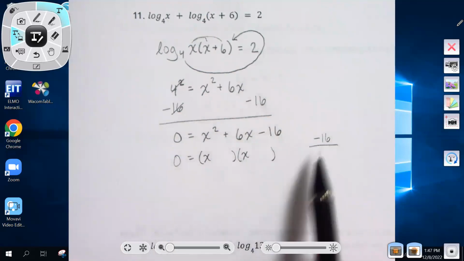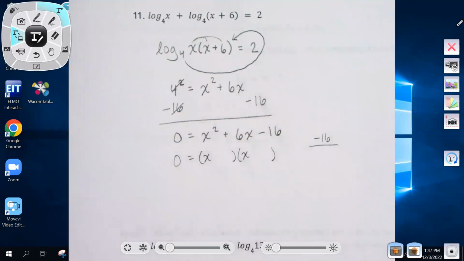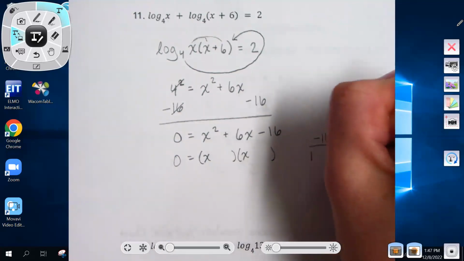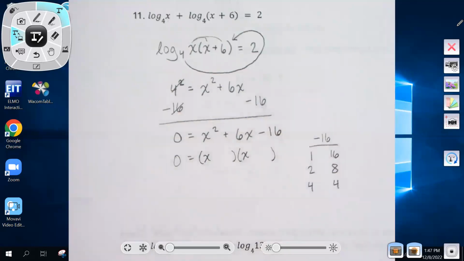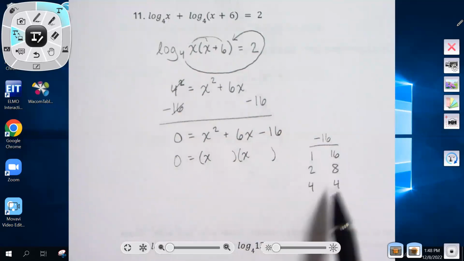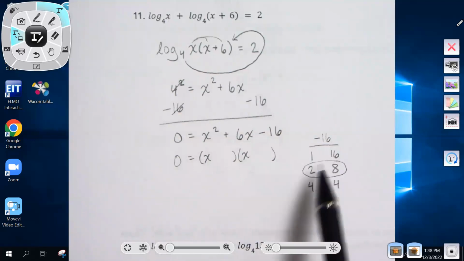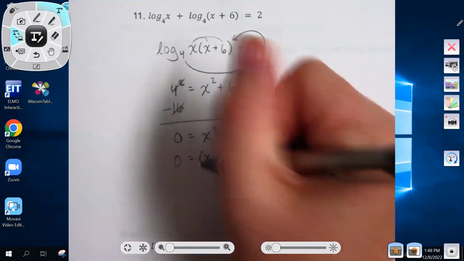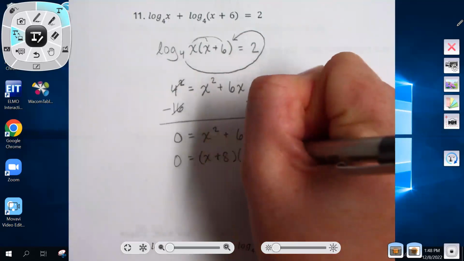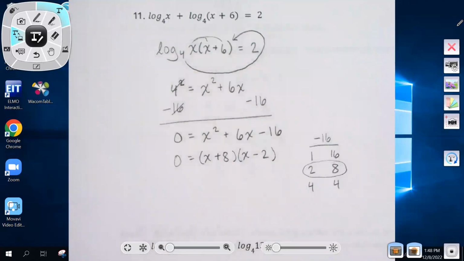I take -16, I list out the pairs of numbers that multiply to be -16. So 1 and 16, 2 and 8, 4 and 4. Those are the factors of 16. Now looking at each pair, it should be a little bit easier to see 2 and 8 is what I need to use. And it needs to be +8 and -2, so that when you multiply them, you get -16, and when you add them, you get a +6.